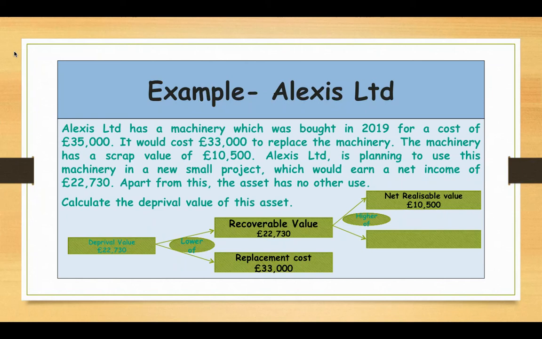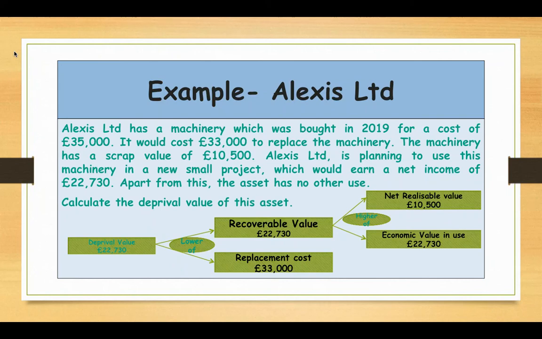And they have also given the economic value in use, which is 22,730. So we need to compare the net realizable value of 10,500 with the economic value in use, 22,730. The recoverable value is the higher of the two, which is 22,730.